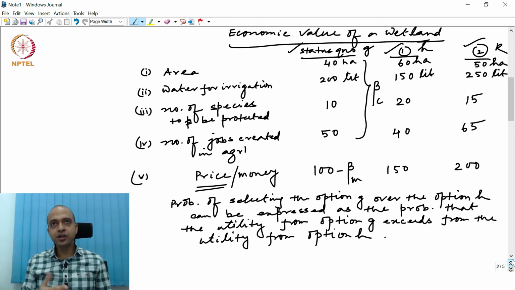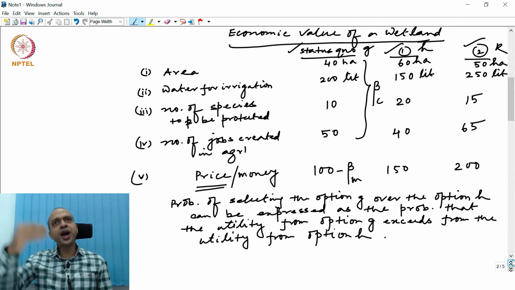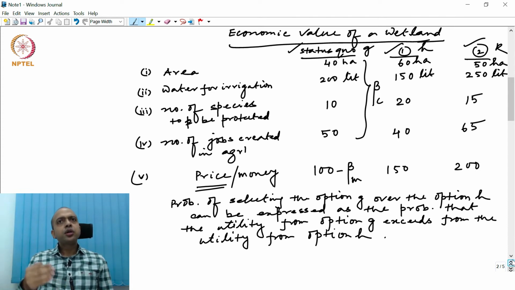They can overbid to have a warm glow effect, so that means they can impress the interviewer by quoting a high value. Similarly, they can underbid also, fearing actual payment, and then they try to free ride.